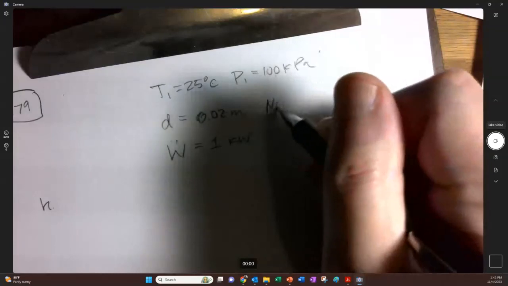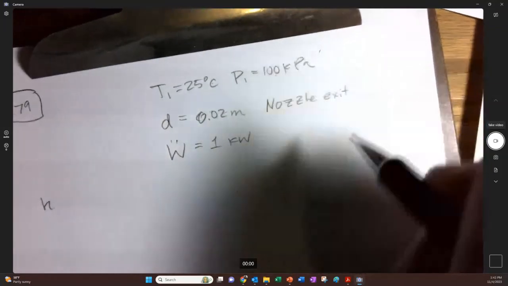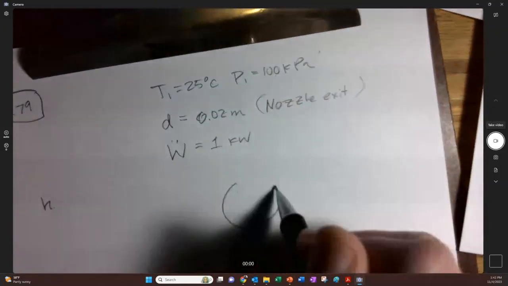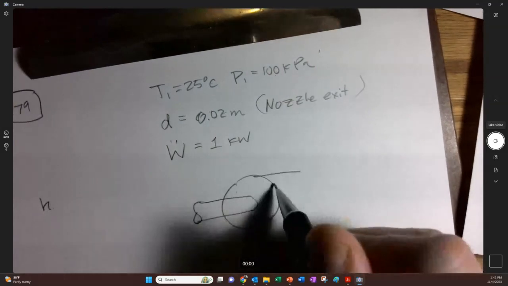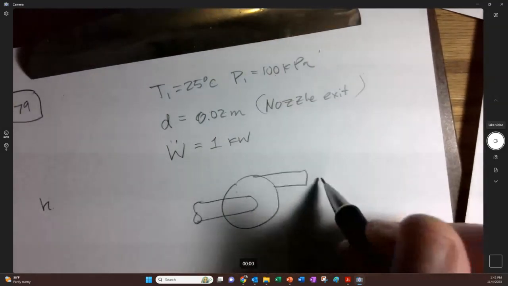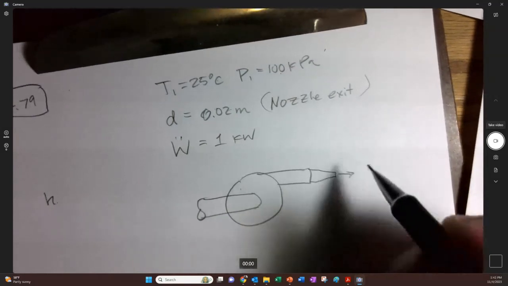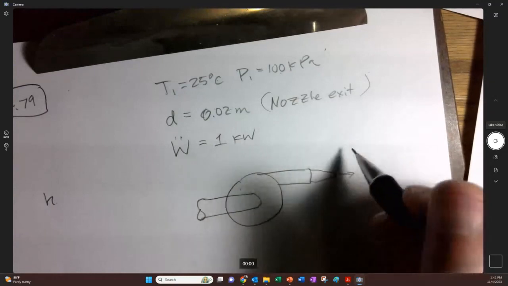So this is the nozzle exit diameter right here. So let me see what does that look like. We're going to pump right here. Here's the pump inlet. Here's the pump outlet. It's short, but I think it says it's having a nozzle right here.